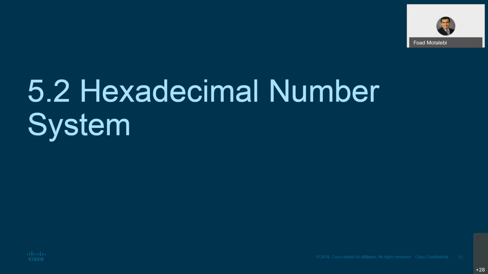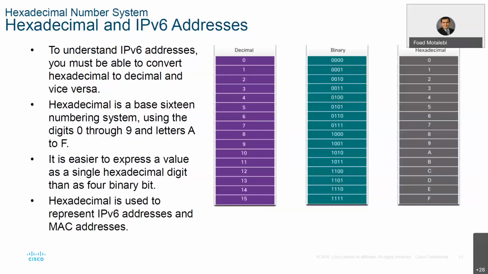Now let's go to the hexadecimal number system. Hexadecimal number system is base 16. Decimal is base 10. Binary is base 2. Okay, hexadecimal is base 16. Now, the reason we are studying hexadecimal is because we are going to use it in IP version 6.